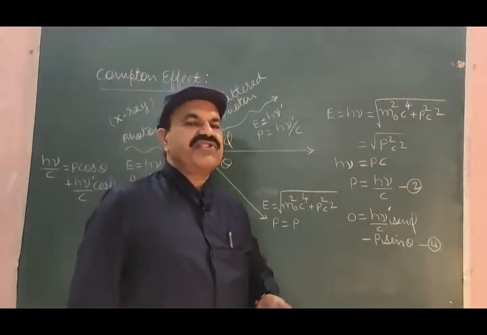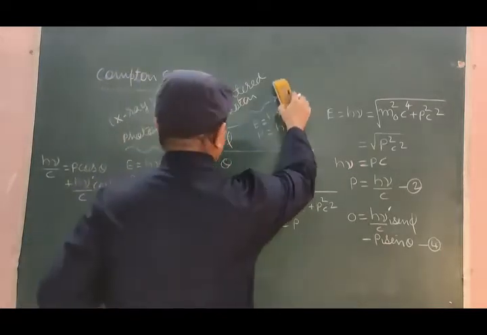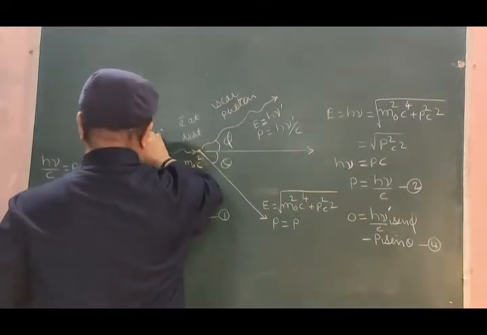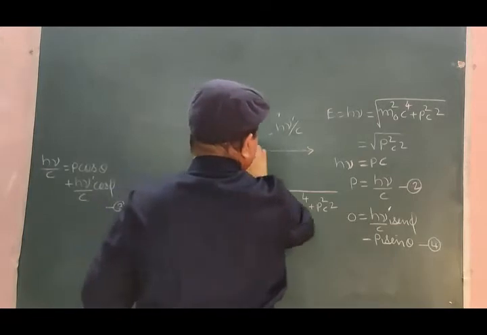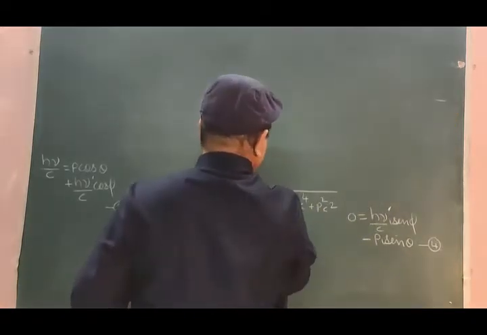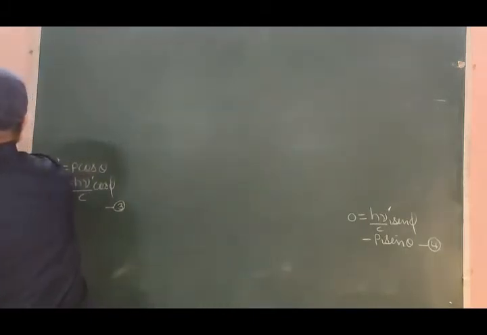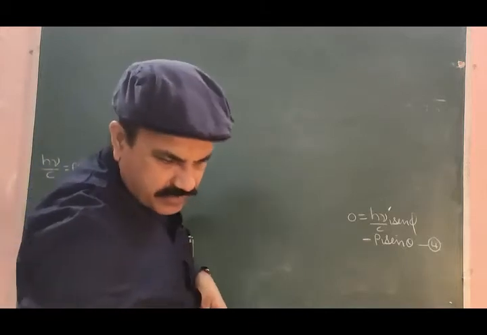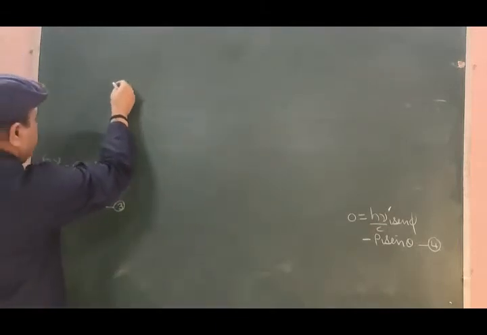So let us start using these equations and try to get the expression for the change of wavelength, which is required in the Compton effect. Let us come to equation 3. It is this one.